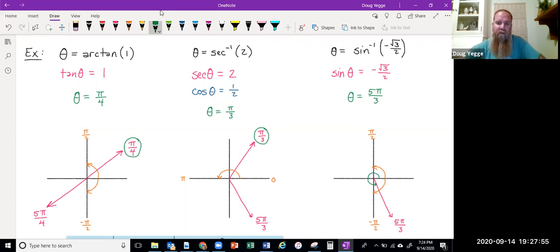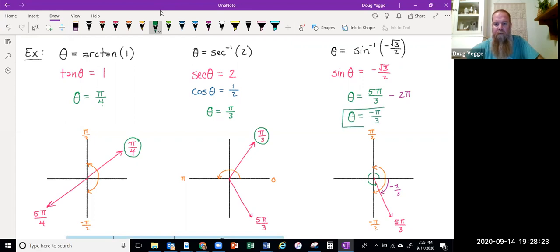So you either do this algebraically by subtracting 2 pi in order to get an angle that's going to be in the right range, or simply realize that it's the angle that starts at 0 and goes downwards, which means that the actual answer for sine inverse of negative root 3 over 2 is not 5 pi over 3. The answer is negative pi over 3.